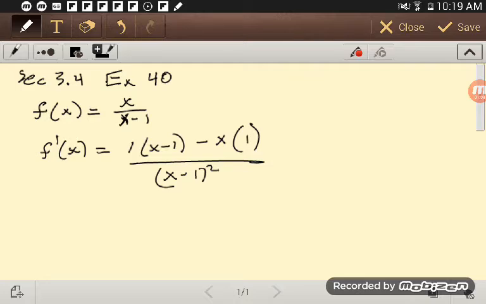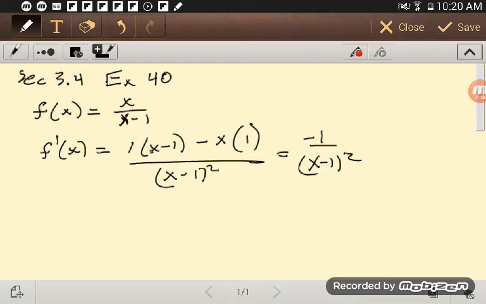The function was undefined at x equals 1, and so is the derivative, of course. This is equal to 1, x minus x is 0, so we just get negative 1 over x minus 1 squared.